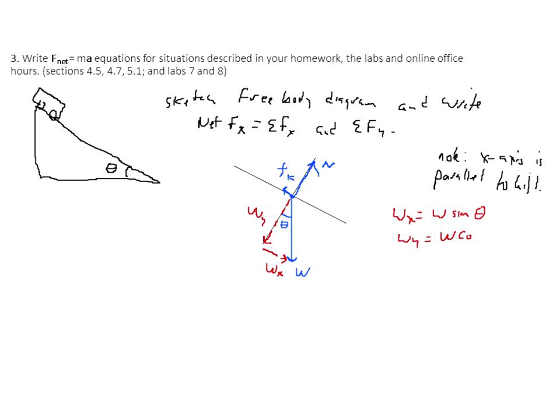Wy is the adjacent side, so that's going to be W cosine theta.